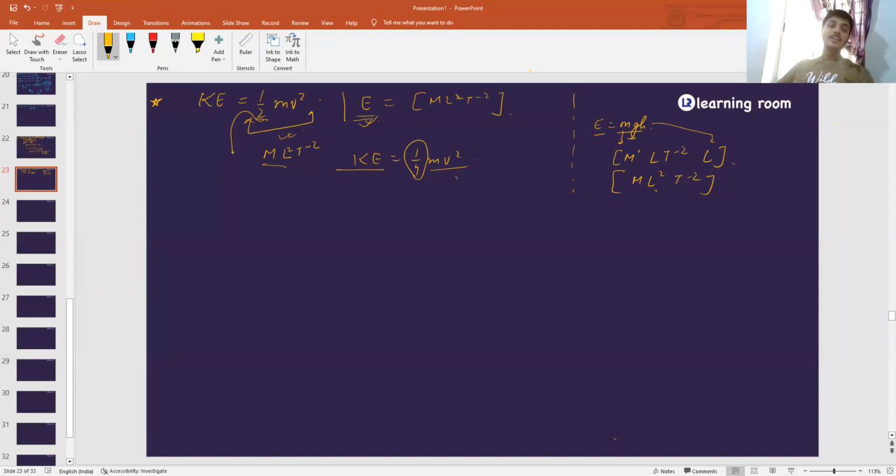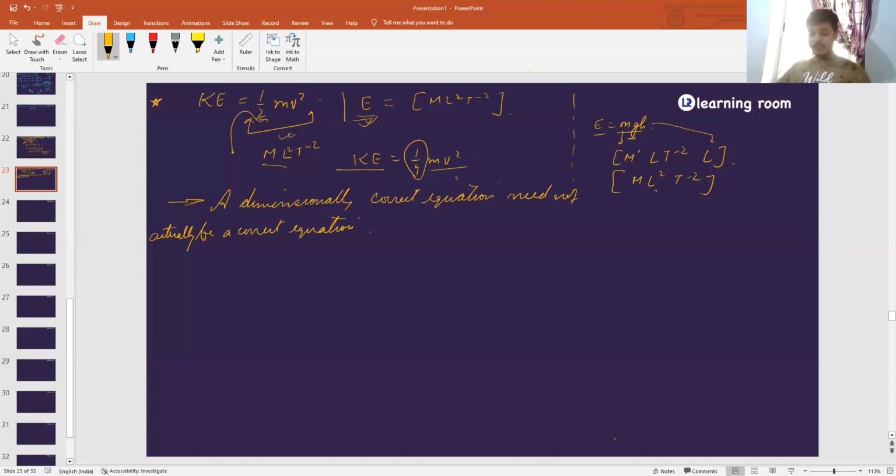So that's why we say that a dimensionally correct equation need not actually be a correct equation.